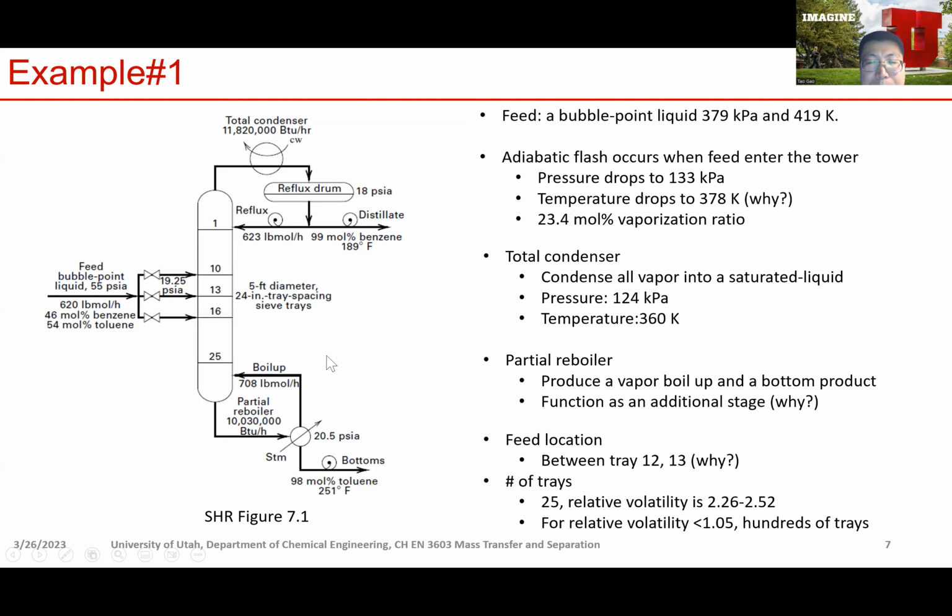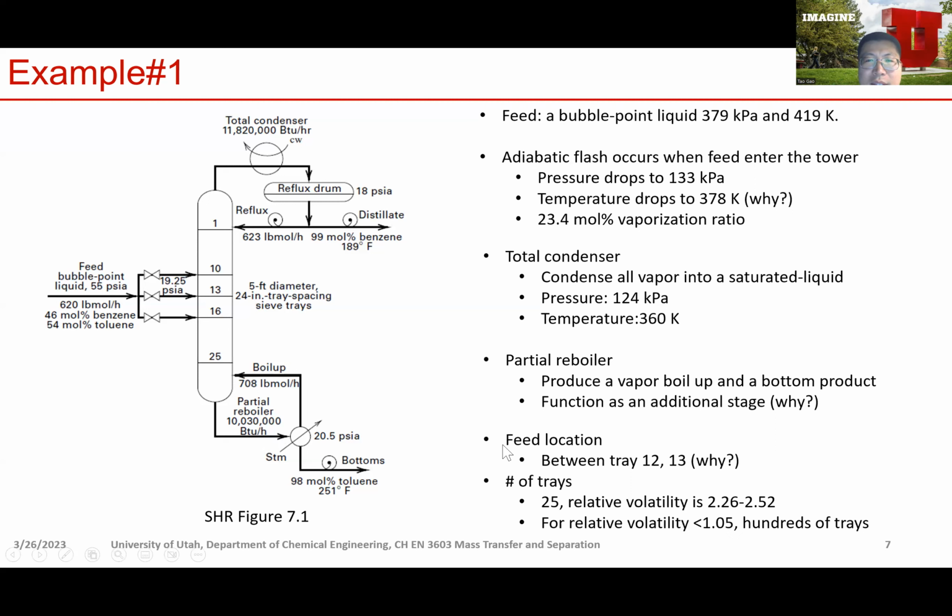Why is that? The reason being that when you have a pure liquid stream coming out and you partially vaporize it, that's like a single stage flash process, remember? So we will produce a vapor that is rich with the more volatile component compared to the liquid stream. So you will do some additional separation between the two components you feed into this tower.